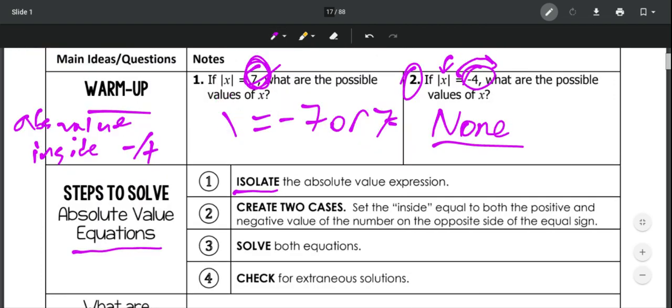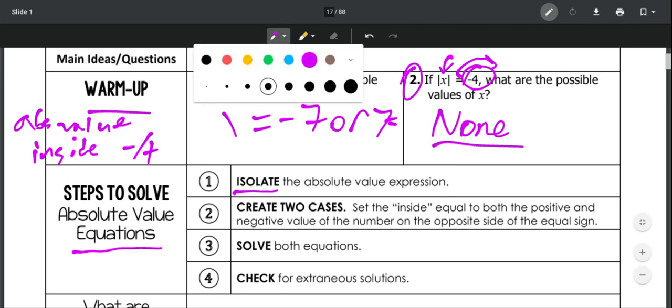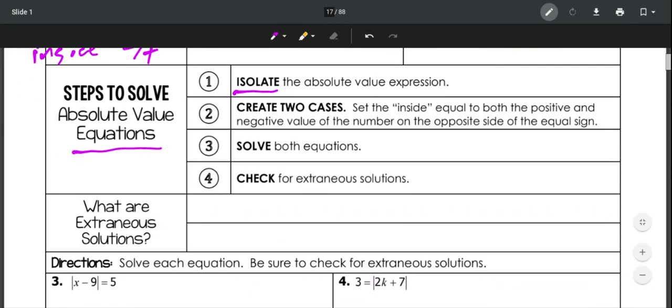Now, the next thing we're going to do is we're going to create 2 different cases. We're going to take the inside of the absolute value sign and set it equal to the positive of the number it's equal to and the negative value that it's equal to.